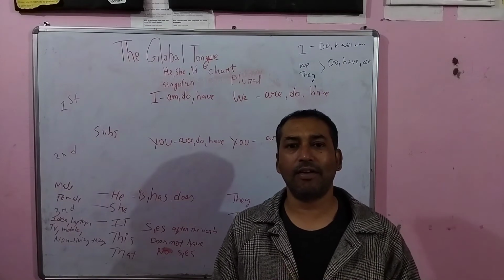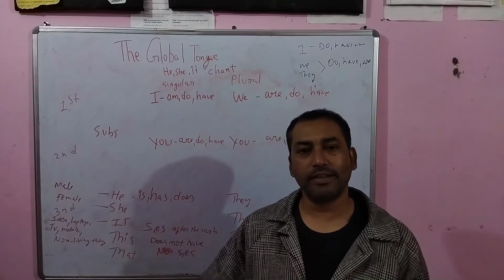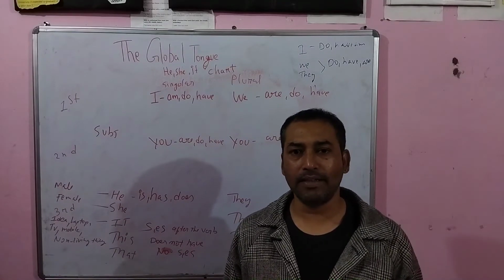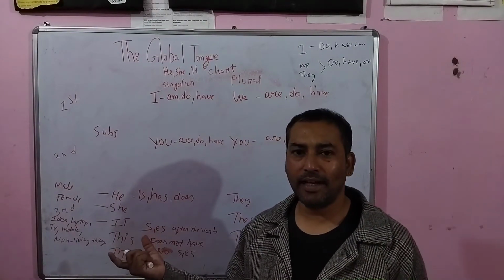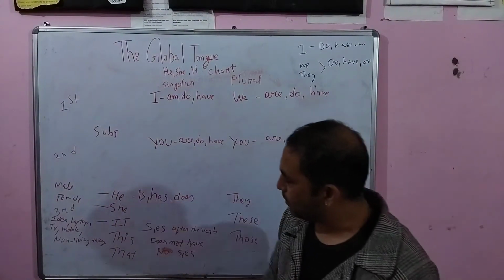I did everything right, so what happened? Why didn't they hire me? The reason you weren't hired is a grammatical mistake. So make sure you pay focus on the third person.